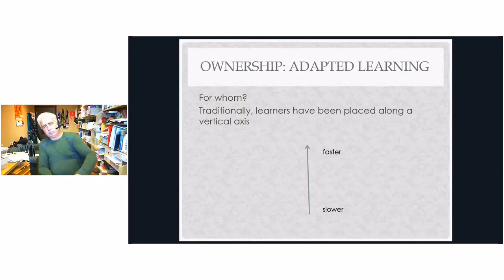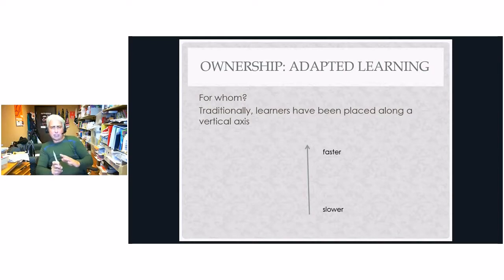So, hopping over to the next slide here, we start looking a little bit at adapted learning. På godt norsk, tilpasset opplæring. Now, adapted for whom? Traditionally, we have been looking at an axis from slower to faster learner.